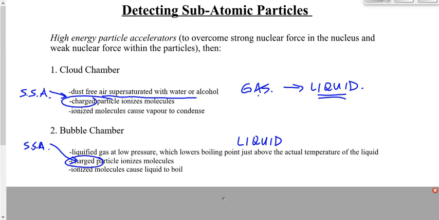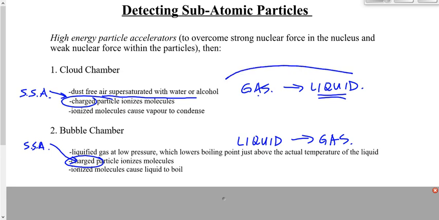These sub-subatomic charged particles ionize molecules. And then these ionized molecules, they don't cause gas to condense to a liquid, they cause liquid to boil into a gas. So instead of having gas transforming into a liquid or condensation, we have a liquid transforming into a gas, or we have evaporation.